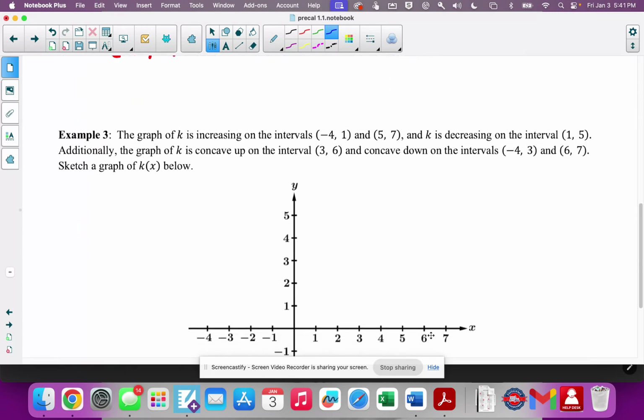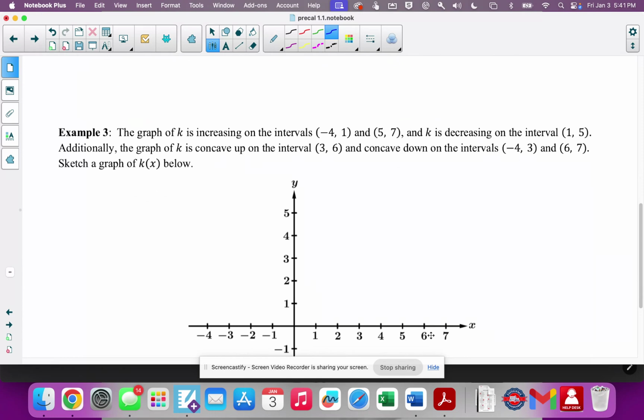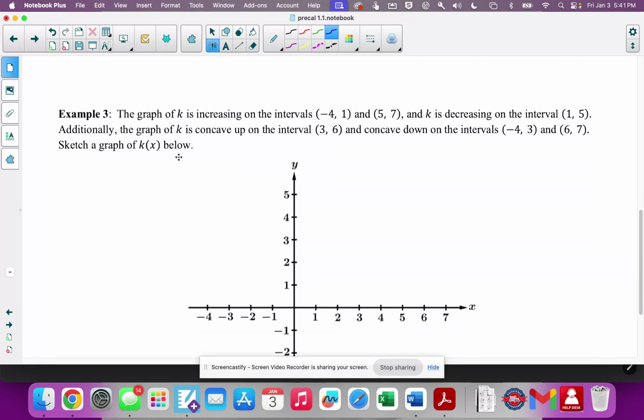All right, so now we're going to be given the description, and then you have to draw the graph. So it's increasing. That just means that my y values are going up between -4, 1. I'll go ahead and put a point, and 5, 7. 5, 7's about here.